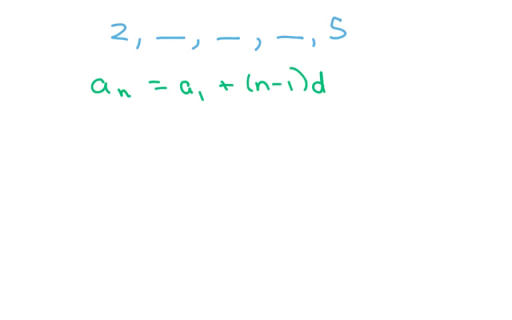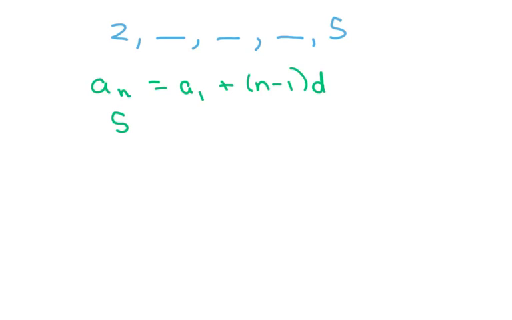Okay, the last one we have is a little easier. We have 3 arithmetic means between 2 and 5. And we use our formula, a sub n equals a sub 1 plus n minus 1 times your common difference.